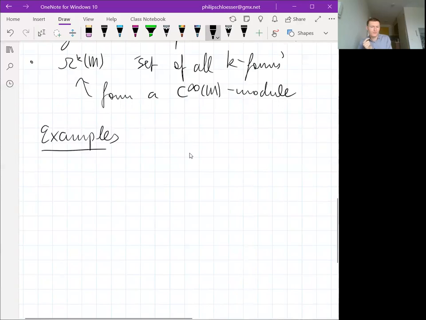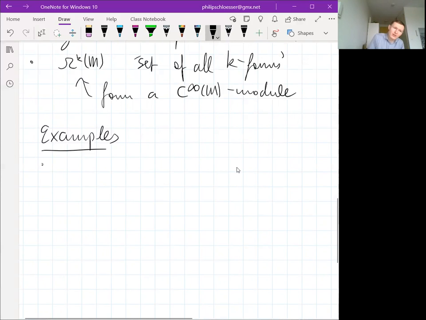As we will also discover later, K-forms are the natural chart-independent object that you can integrate. So it's the generalization of line element, surface element, volume element, something like that.